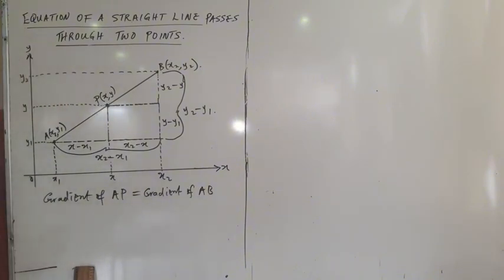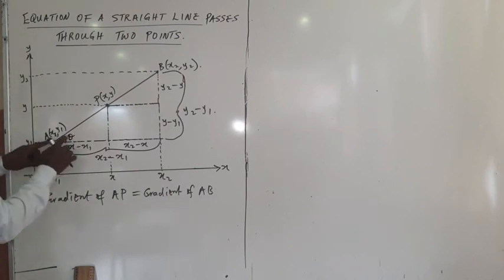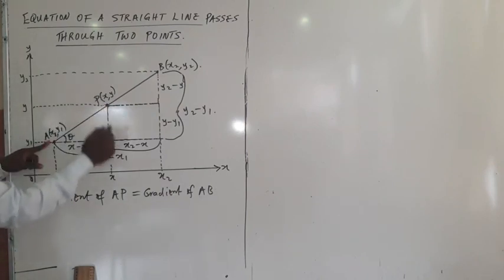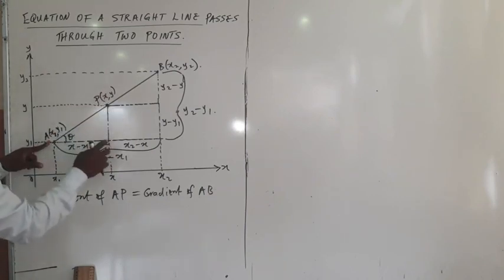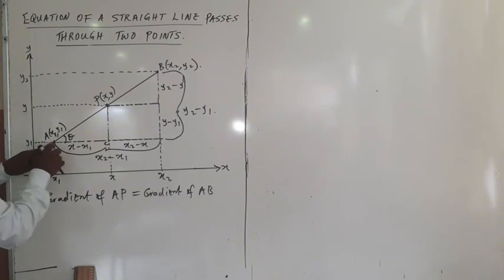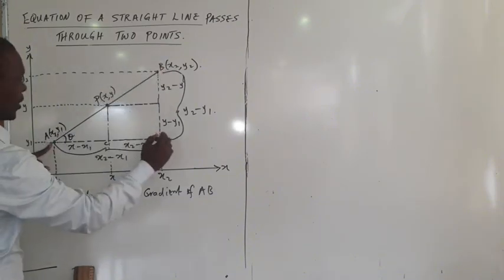What is the gradient of AP? Having theta here, this theta will serve triangle AP. Let's say we have C here, so it will serve triangle APC. And it will serve triangle AB, let's say D.